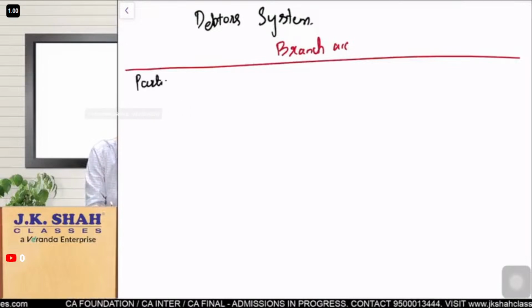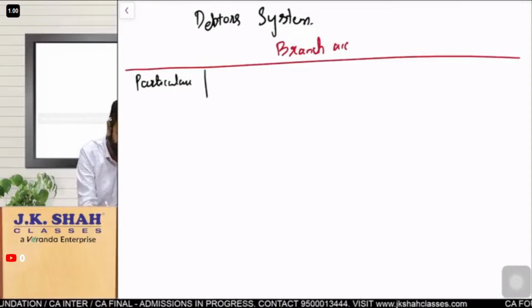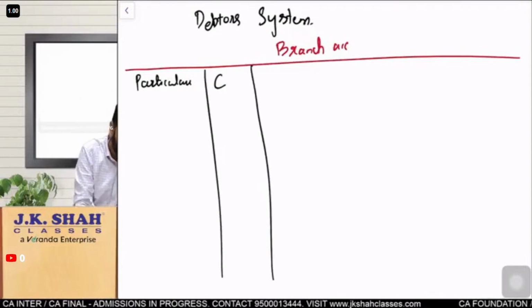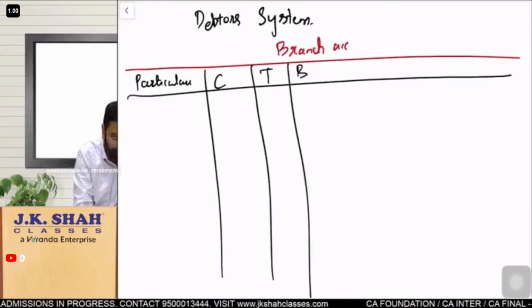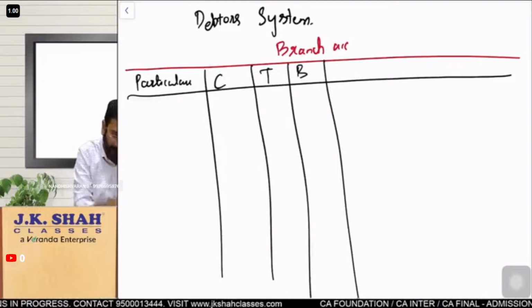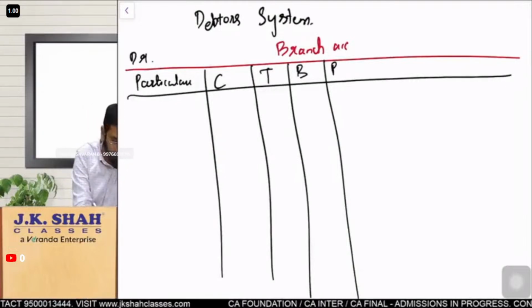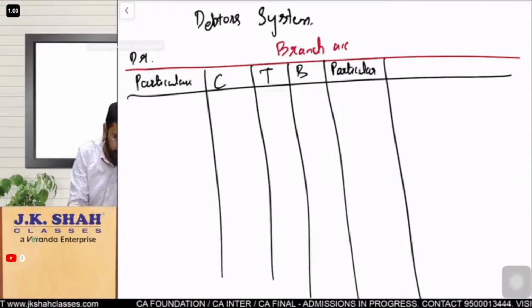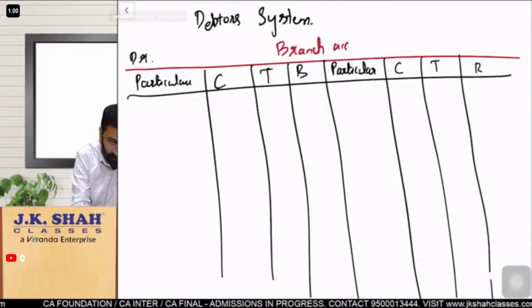If you want, you can prepare branch accounts for each branch separately. Particulars: Coimbatore, Trivandrum, Bangalore.